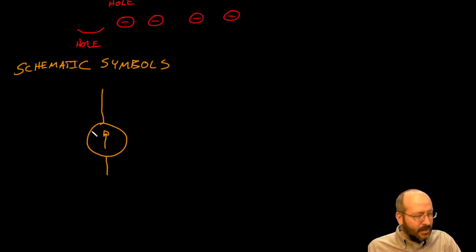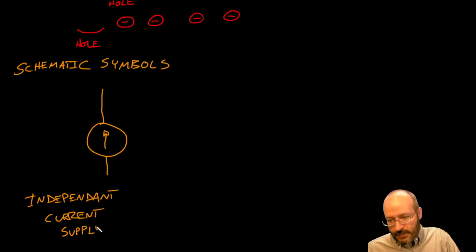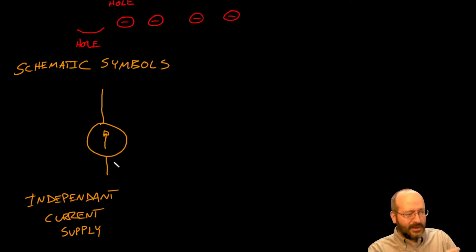Maybe I'll grab a picture of one in a moment, but this one is what we call an independent current supply. And I know it's an independent current supply because it's got the circle around it, and we'll look at what the other shape is in a moment.